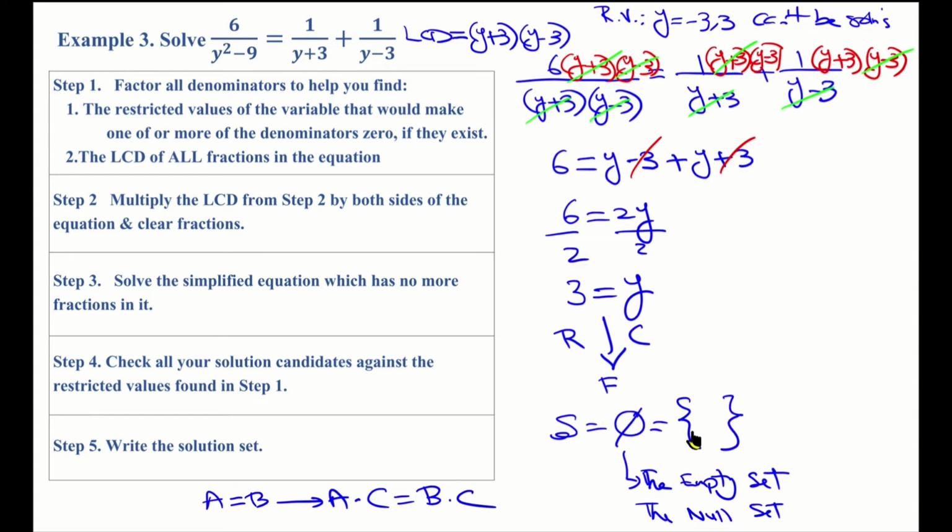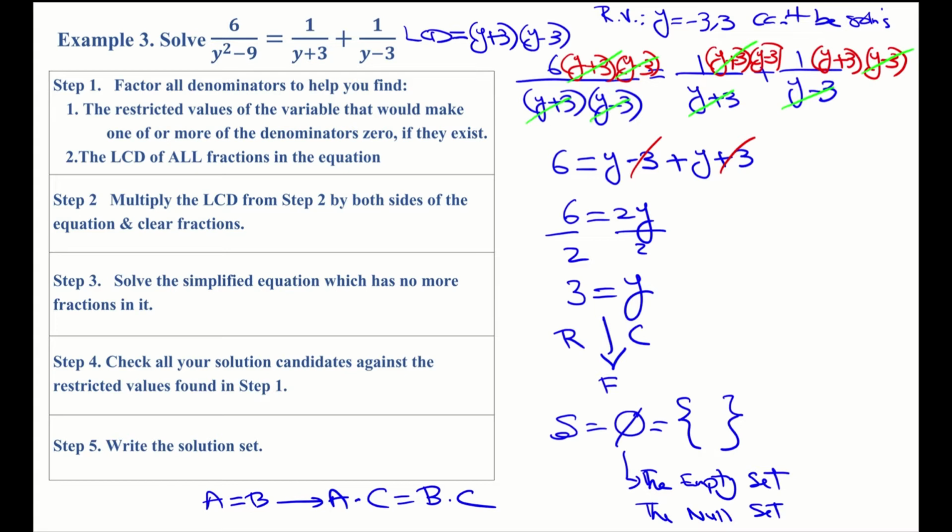Just don't mix the symbols. Don't put this in the middle of this or anything like that. This itself means that, so it has the braces contained in its meaning. So either use this notation or use that notation, or simply say the solution set is empty. So you say no solution. But if somebody asks you what is the number of solutions, what are you going to say? Yes, 0. The number of solutions is 0. So you can say no solution, or you can say the number of solutions is 0.